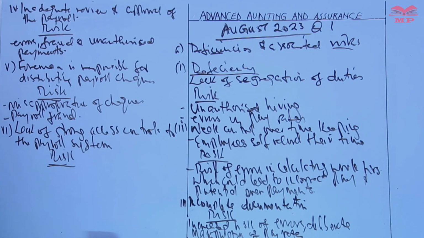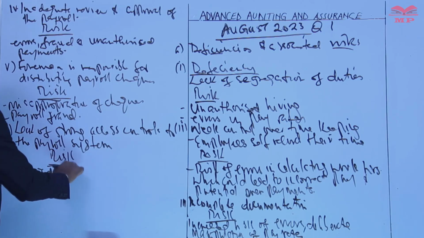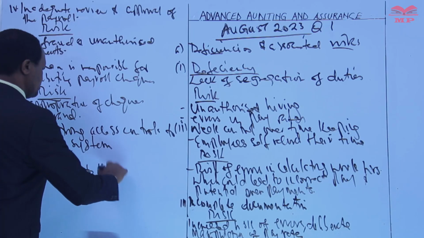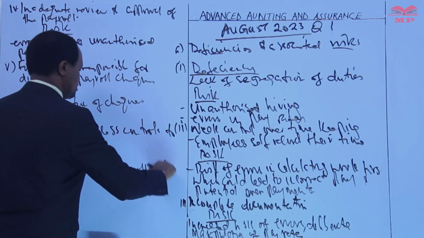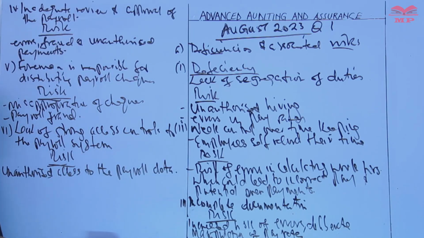The risk is simple, candidates: unauthorized access to the payroll data. Because there is no mention of strong access controls, then there is a risk of unauthorized access to the payroll data, and even potential manipulation.